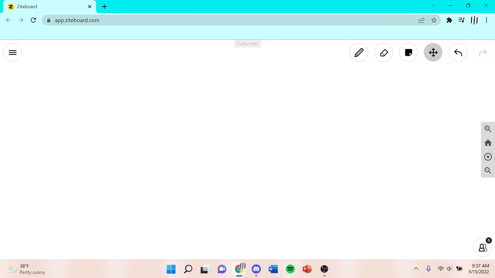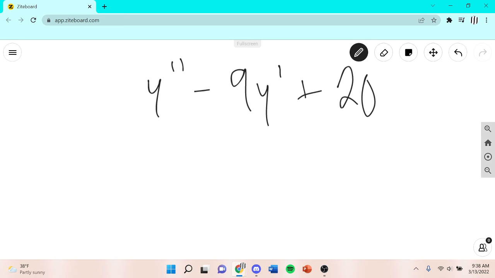But now the third one is actually pretty neat. So I'll show you like this. So pretend you had y double prime minus 9 y prime plus 20 is equal to 0.